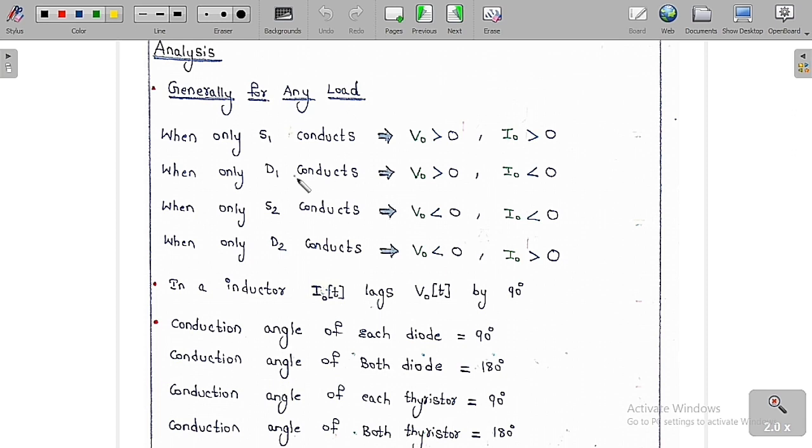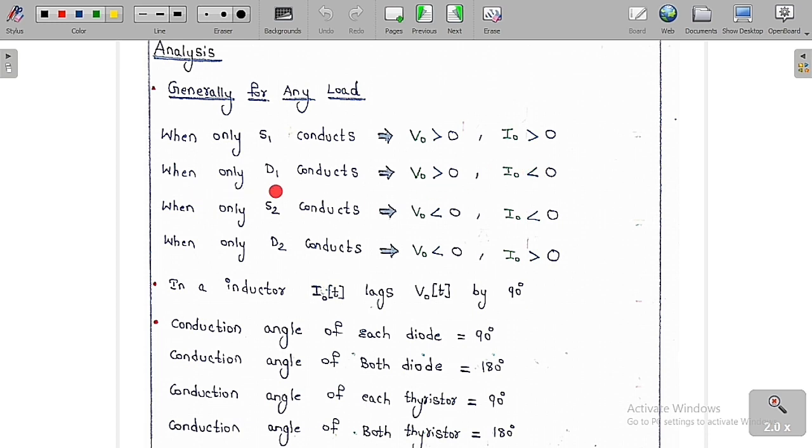Generally for any load, when only S1 conducts, if you switch on S1, then you are going to get V0 of t greater than 0 and I0 also greater than 0, because the load is in charging mode. Therefore the output voltage is positive and the output current is also positive.